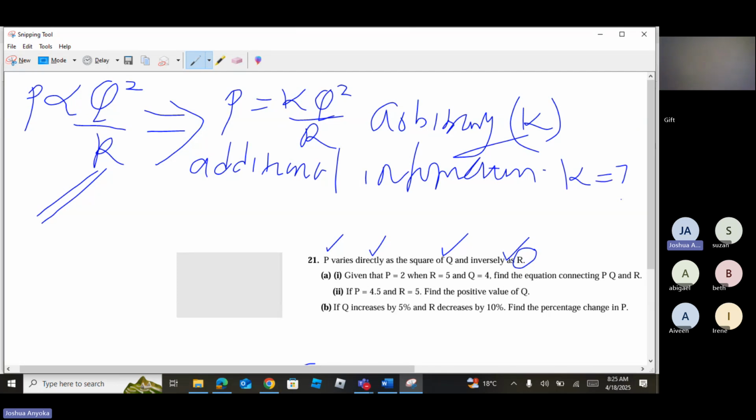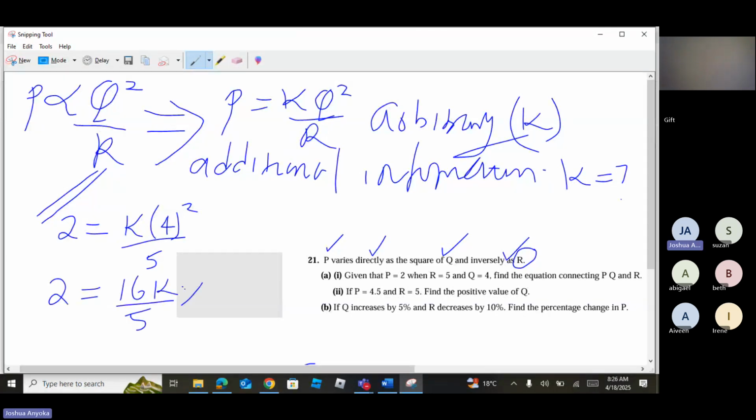We are given at part A Roman 1, given that P is equal to 2. So you substitute P is equal to 2, and when R is 5 and Q is 4, K times 4 squared over 5. This becomes 2 is equal to 16K over 5.